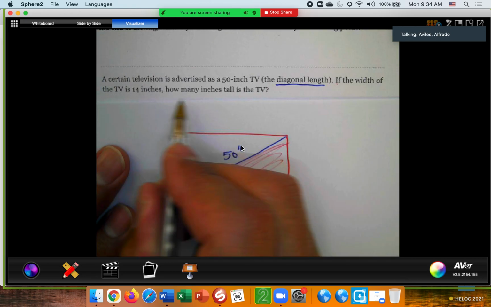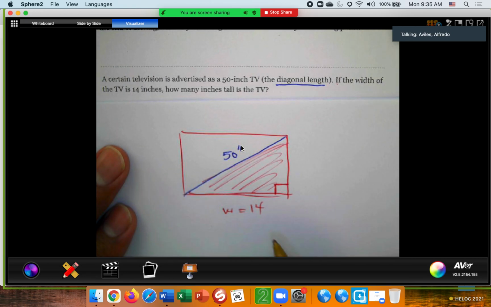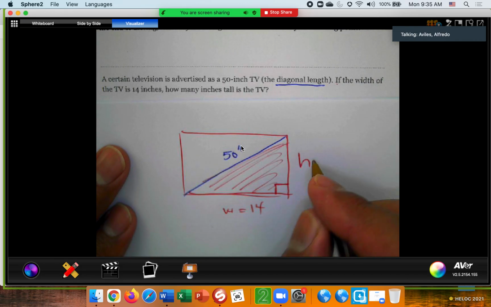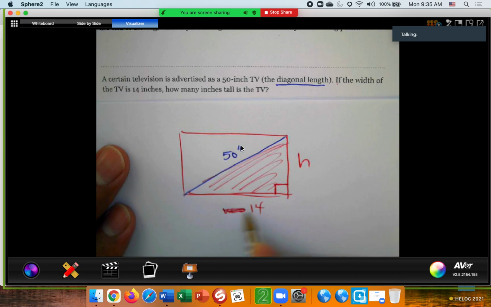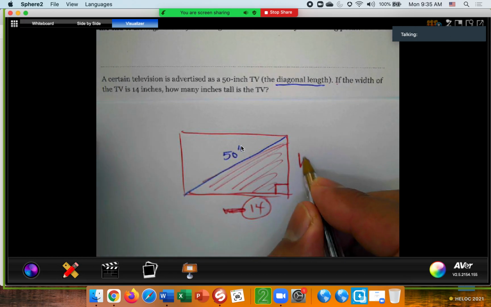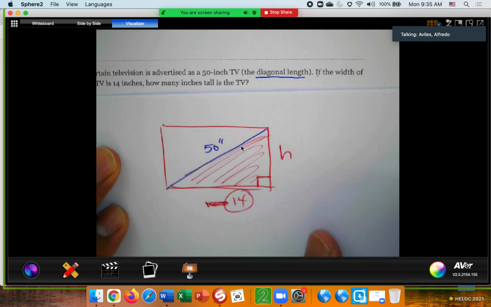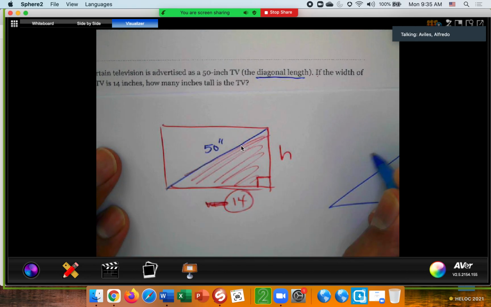The width is 14, and the question is how tall it is. I'll put T for tall, or X or whatever. You see the triangle there: 50 inches, 14, and they're asking you for that.